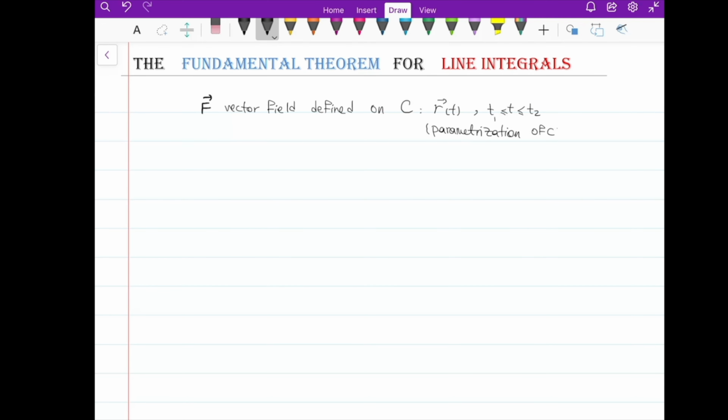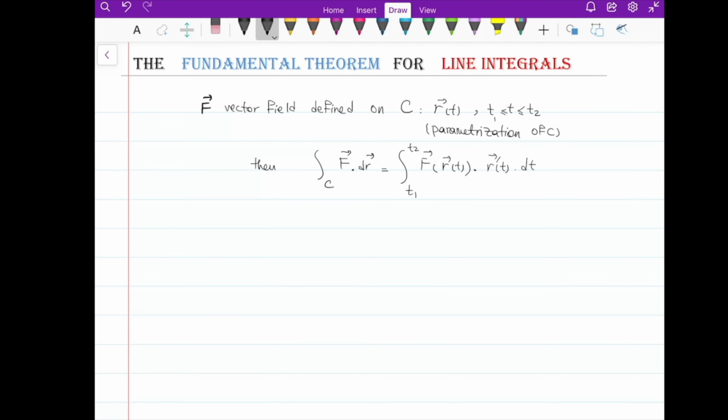Okay, then we say the line integral of f dr over the curve C. The way that we evaluate this integral is to parameterize the curve C, which we have, and then plug our parameterization into the vector field, and then the dr that we have in here would be the derivative of the parameterization, so r prime of t dt, where t is between t1 and t2.